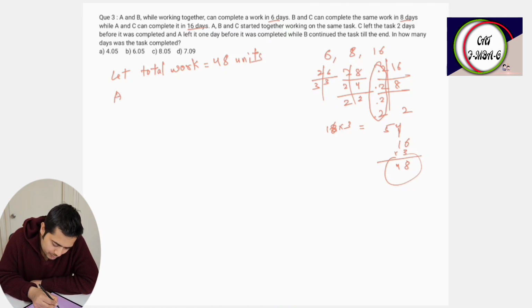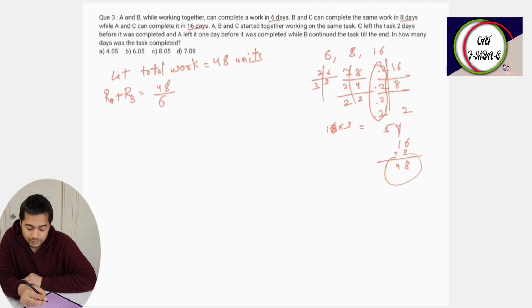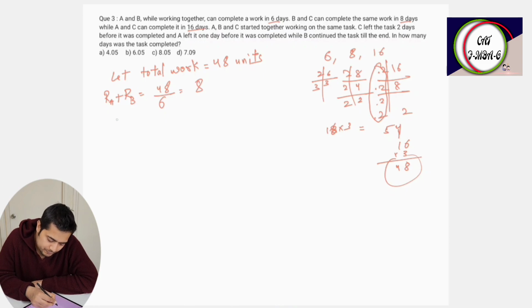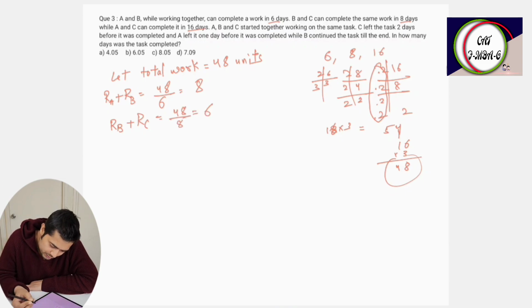So A plus B: rate of A plus rate of B is equal to 48 by 6, that is 8. I hope you are able to get it now. Rate of B plus rate of C is equal to 48 by 8, which is 6. And rate of A plus rate of C is equal to 48 by 16, which is 3.